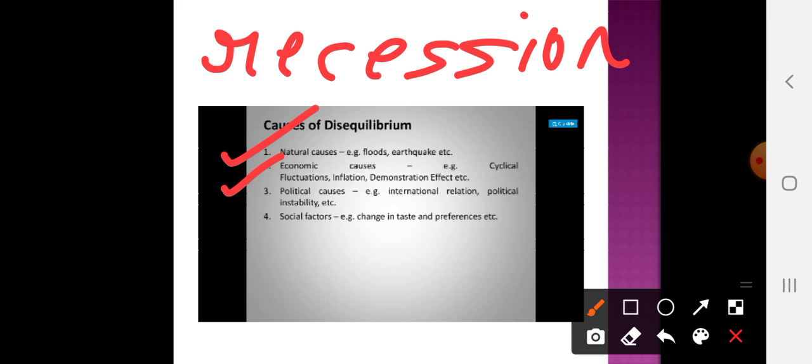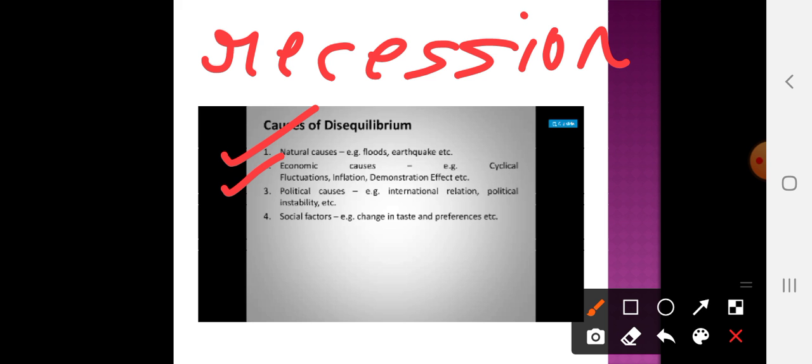Automatically, if two countries are doing transactions with each other and one of them is facing recession, it will affect the other country. That is what economic causes means. It includes, first, cyclical fluctuations, as I explained with the trade cycles.